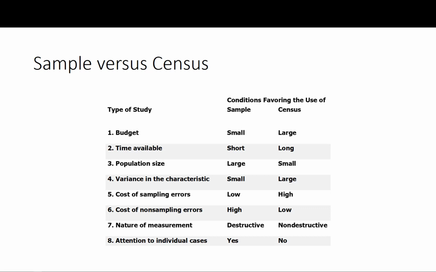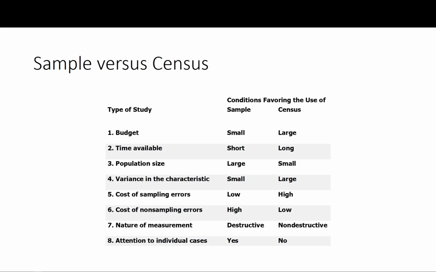So in marketing research, we tend to look for sampling because we can't measure the same people twice. Whereas in a census, there is less of this kind of bias created by the measurement process, which is what we call non-destructive. So you can go back and ask the same person the same thing over and over again without influencing the answer that you get.